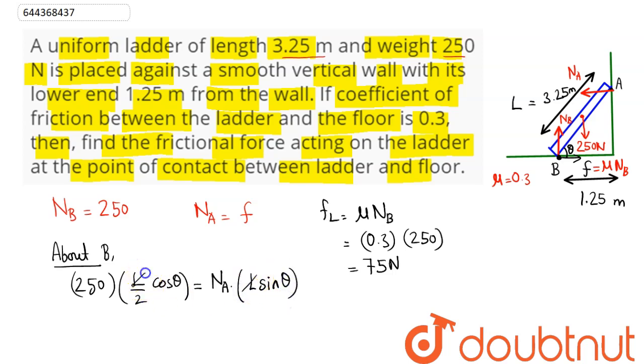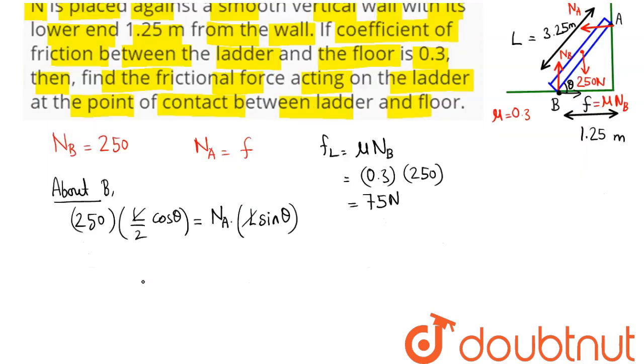So L and L cancel out, hence this comes out as 125 equals NA into sine by cos, which is tan theta.